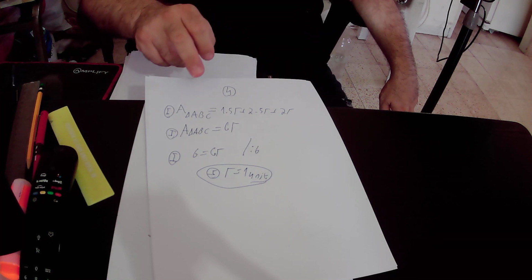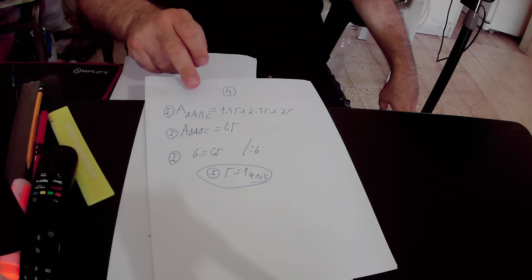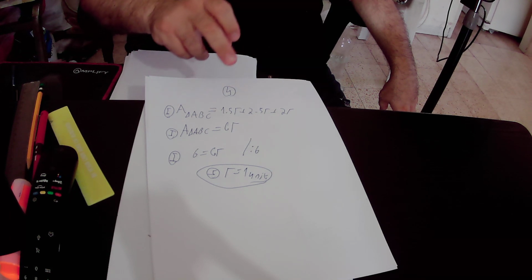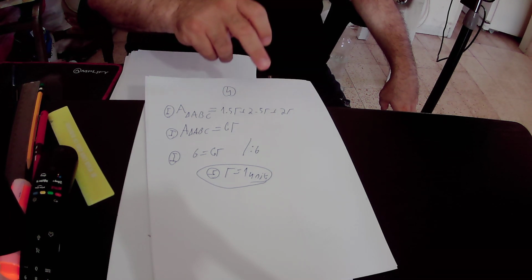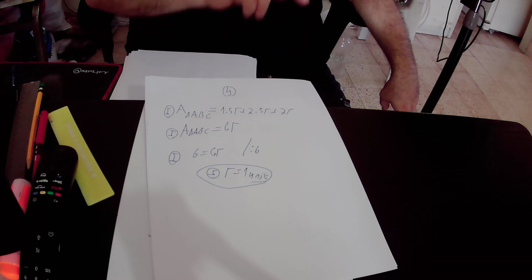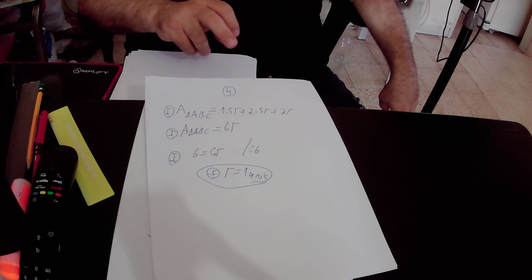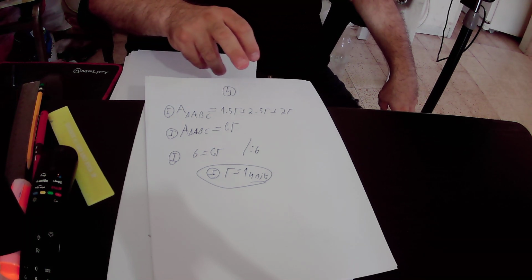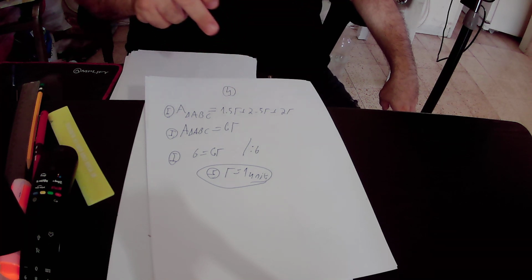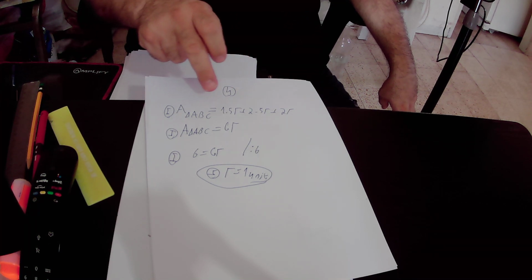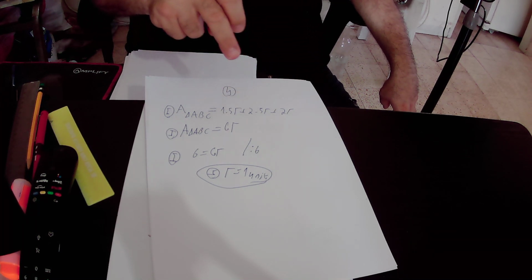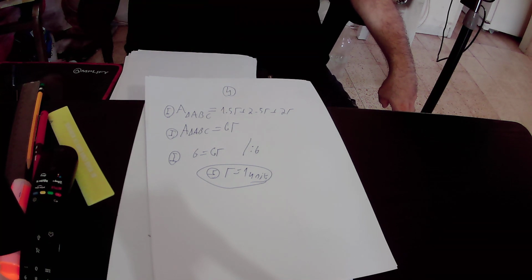And the sum of this side of the equation equals 6 times the radius, so the area of triangle ABC equals 6 times the radius of the circle.